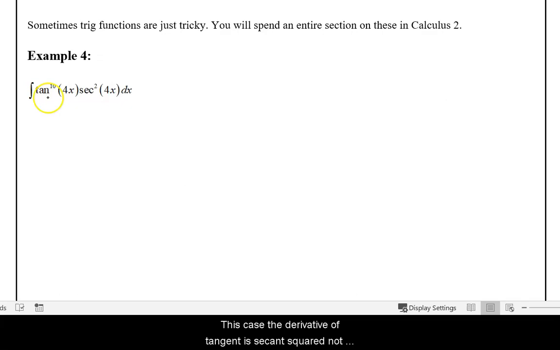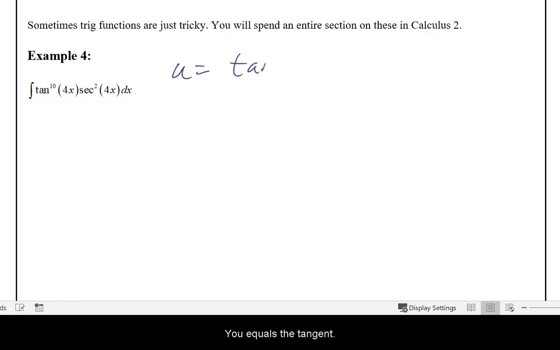In this case, the derivative of tangent is secant squared. Not just one secant, but secant squared. My first choice for u is tangent of 4x. Let's write that down. U equals the tangent of 4x.